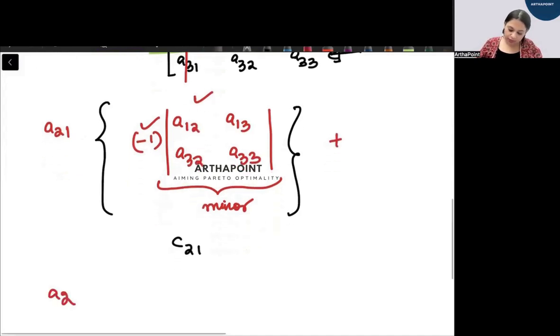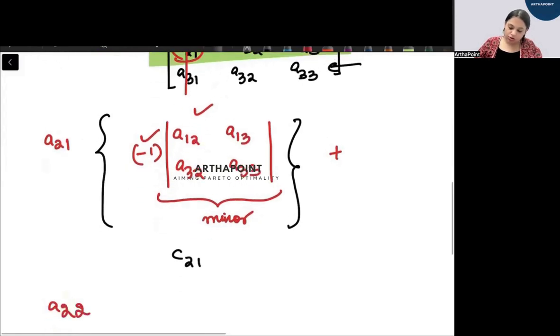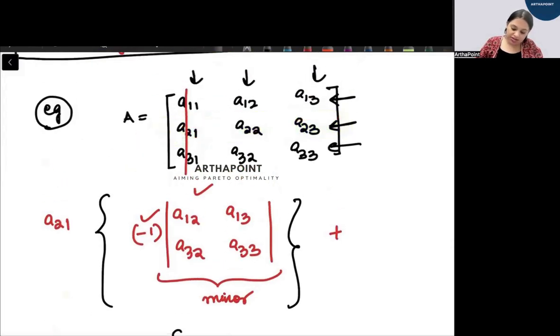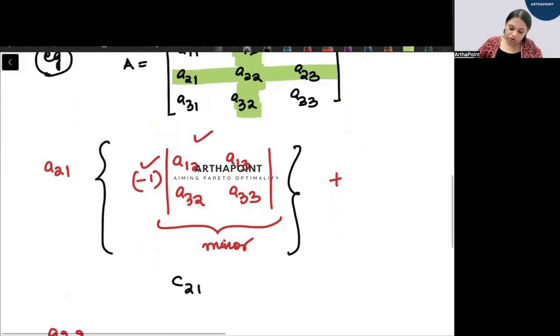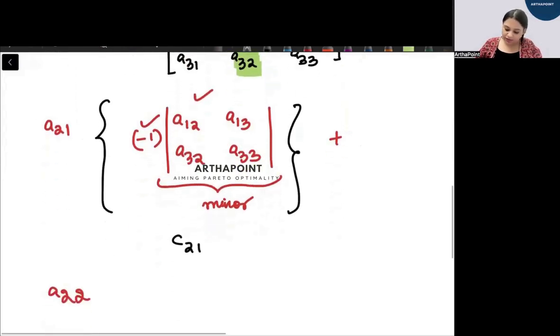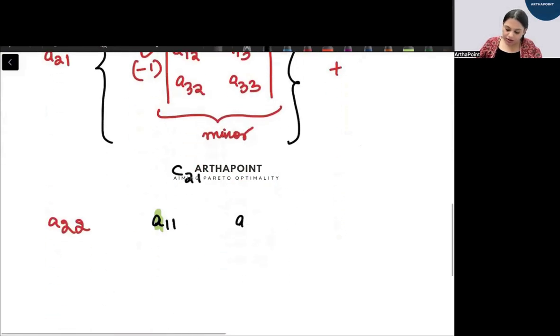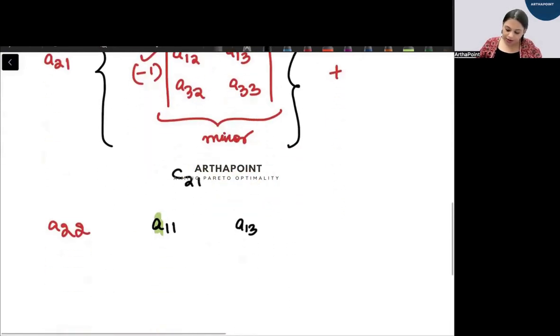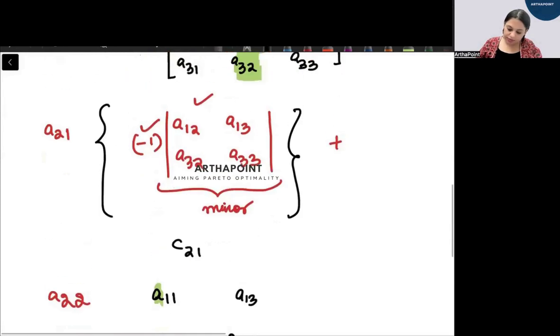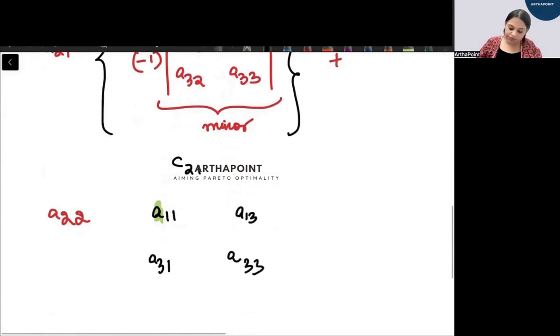A22. So A22 का meaning हो जाता है बेटा कि second row and second column, ये चला गया. So then you will be left up with A11, A13, A31, A33.